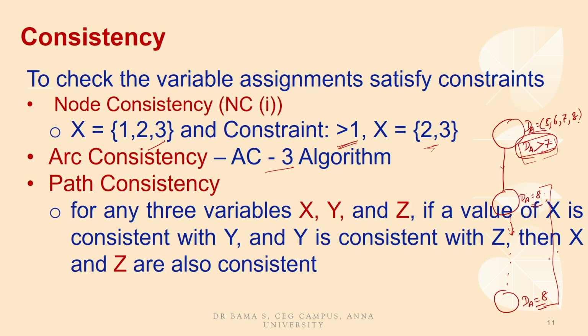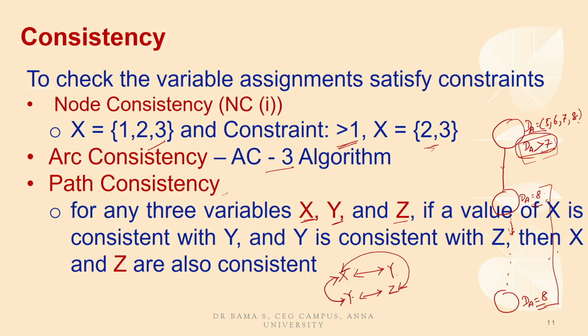And the third level is the path consistency. Path consistency is where there are 3 nodes or 3 variables, x, y and z, and if x is consistent with y and y is consistent with z, can x be consistent with z?